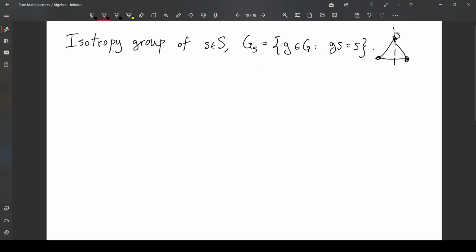It contains the identity, and then it also contains this reflection, because that also leaves S fixed. And it turns out those are the only 2 elements of the symmetries of an equilateral triangle that leave this point fixed. So the isotropy group consists of the identity and that reflection. So it's an order 2 group.